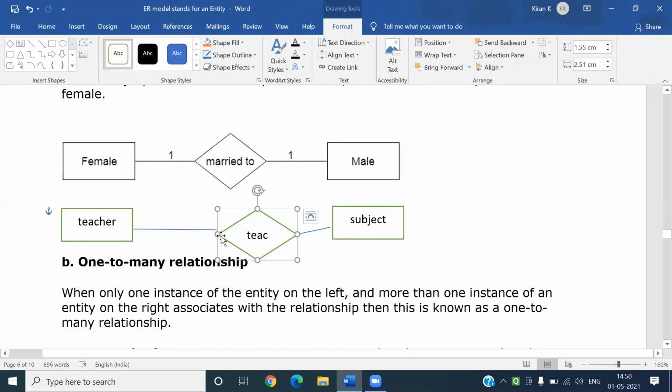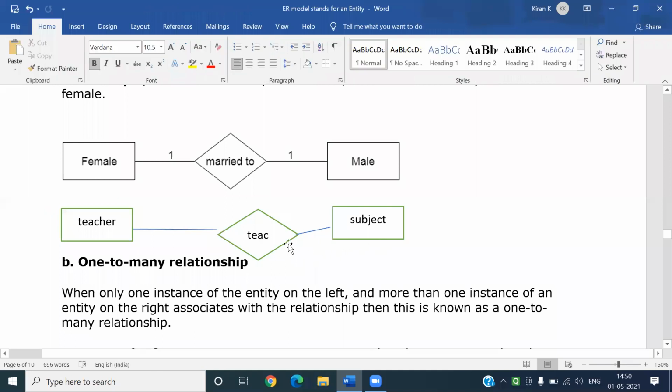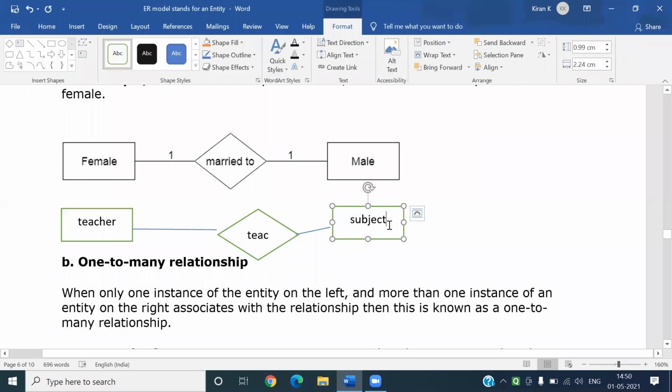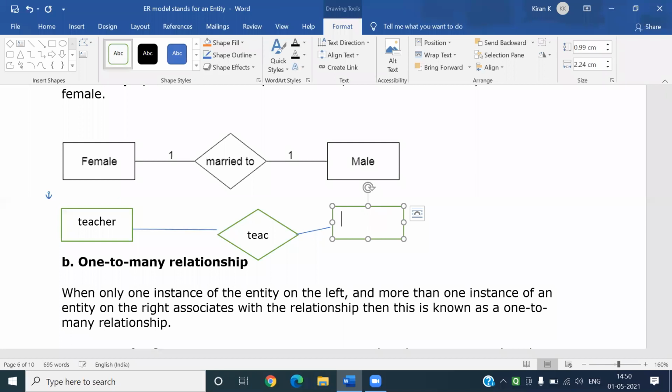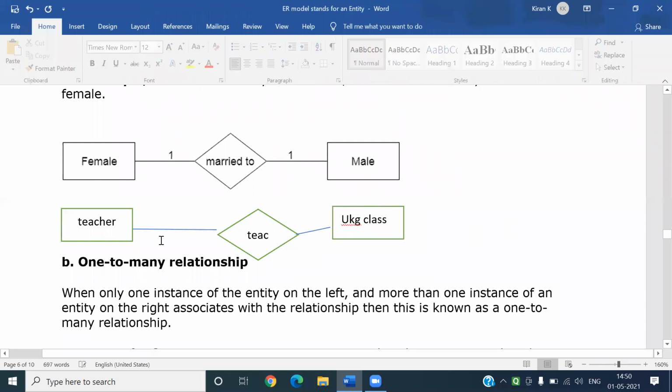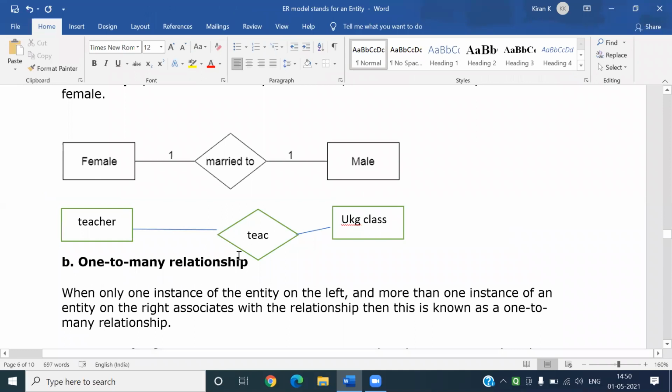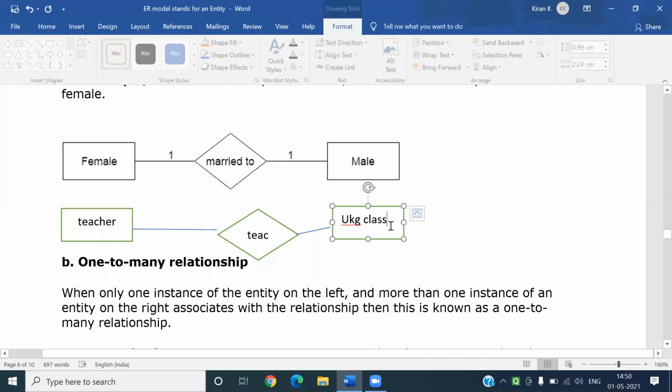suppose you take UKG or LKG. Suppose UKG class, then only one teacher from morning to evening teaches UKG students.